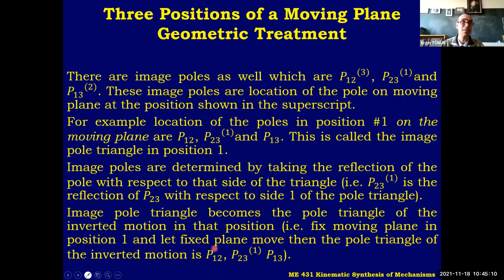Okay? Is this clear? So image pole triangle and pole triangle just swap roles when you invert the motion.